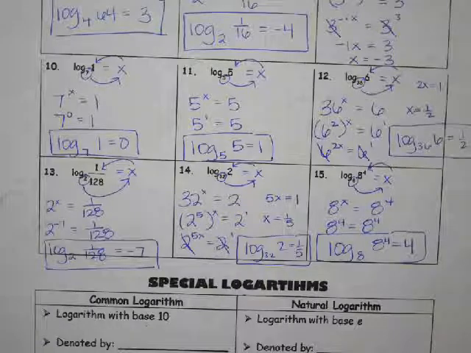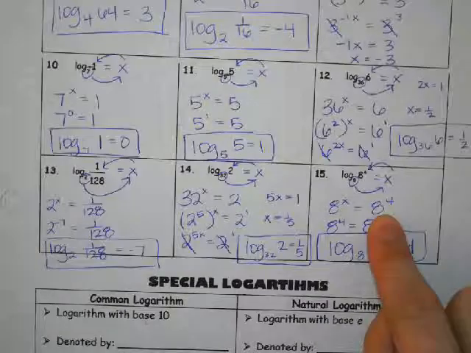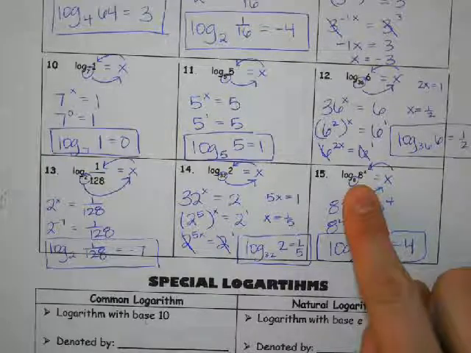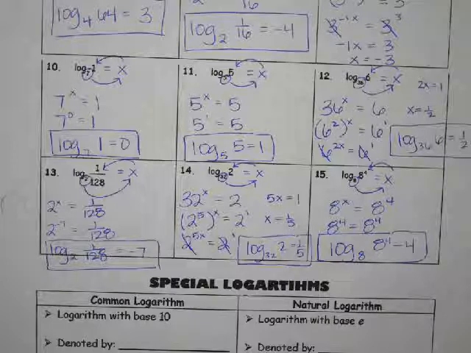8 to the 4th equals 8 to the 4th. It's not x 8 to the 1 because that says 8 to the 4. Oh, 1x? Yeah, that's fine.